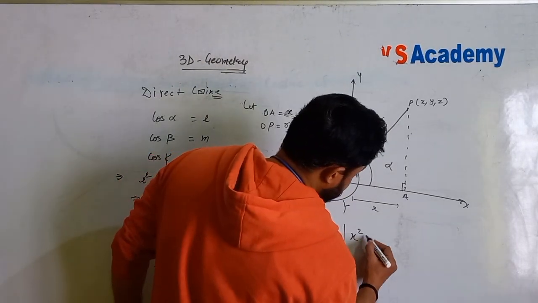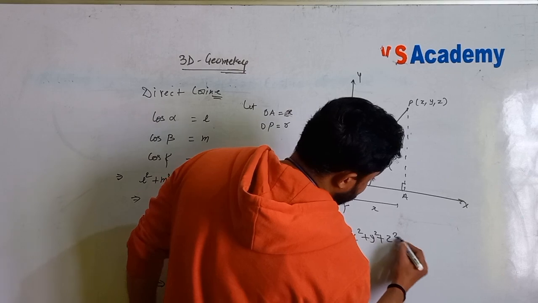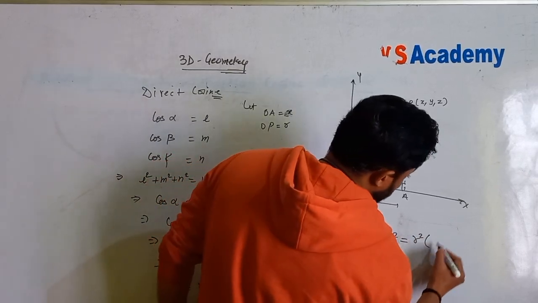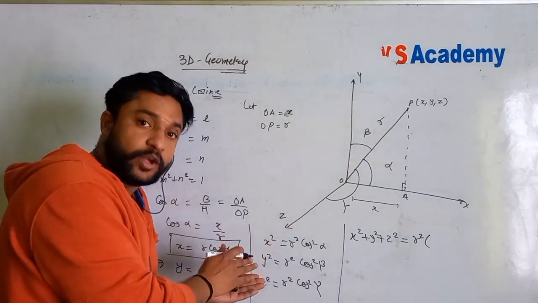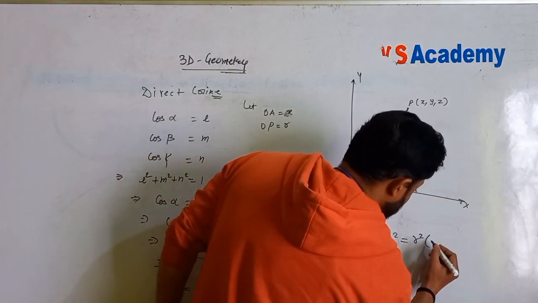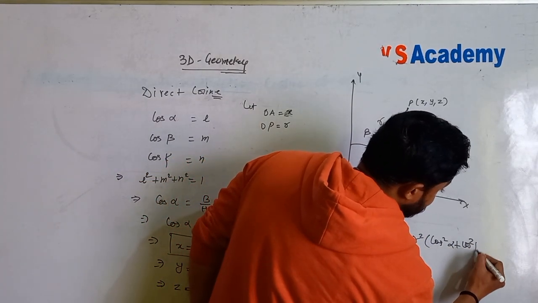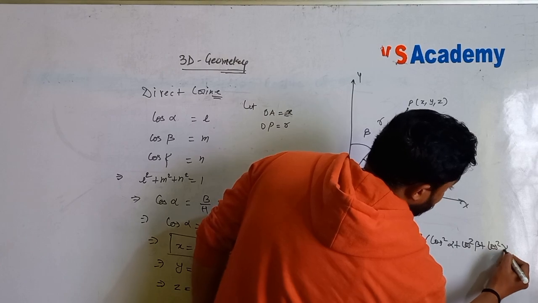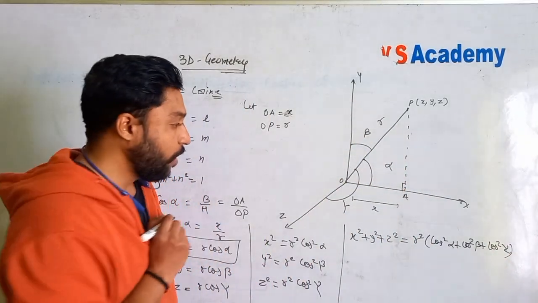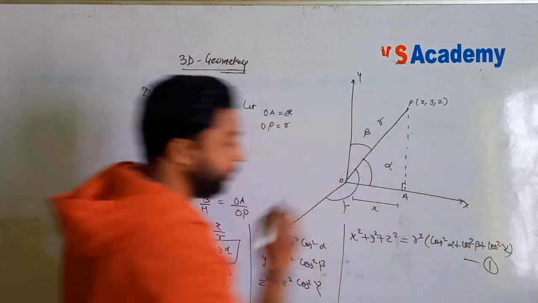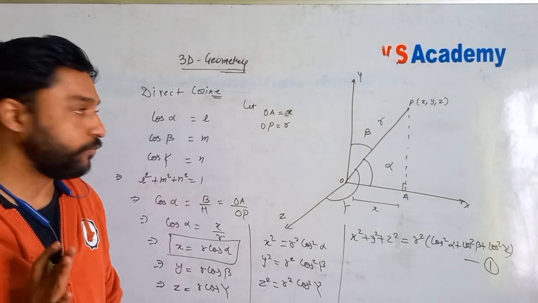So it will be x square plus y square plus z square is equal to r square, which I can take common from the three equations, times cos square alpha plus cos square beta plus cos square gamma. I can say it is equation number 1. I hope you understand it here, all of you.